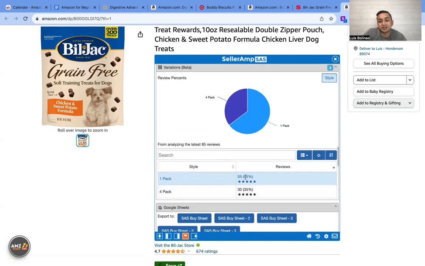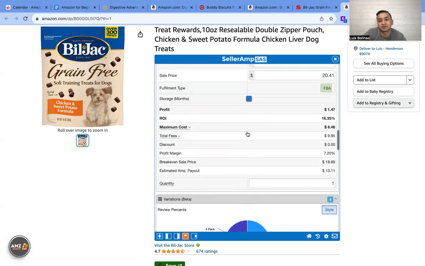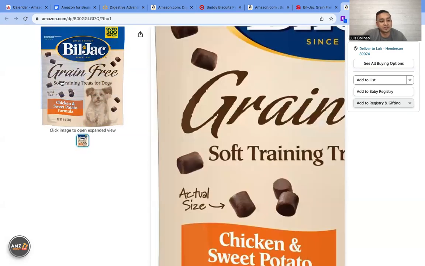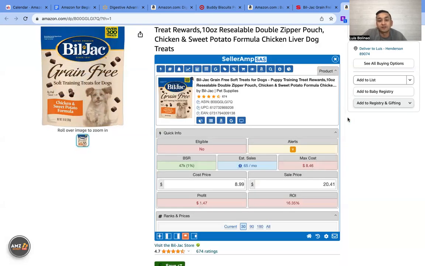This exact variation is taking up 64% of all the sales. So now I would take 65 times 0.64. In short, this exact variation is selling 40 times a month.